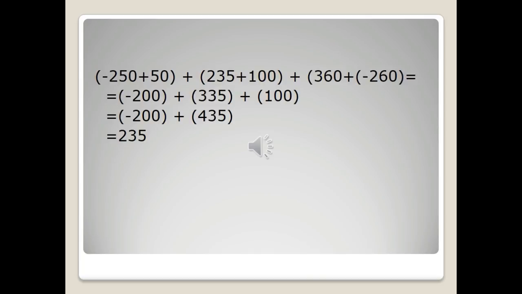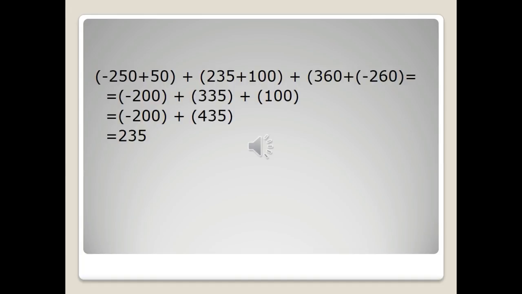Next, 235 plus 100 is 335, and 360 plus negative 260 is 100. Since they have different signs, we just simply subtract them.